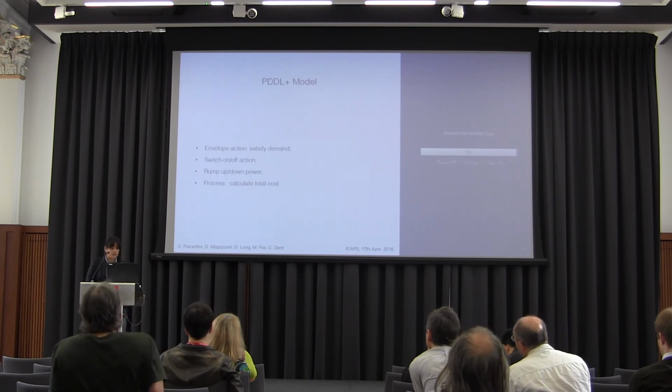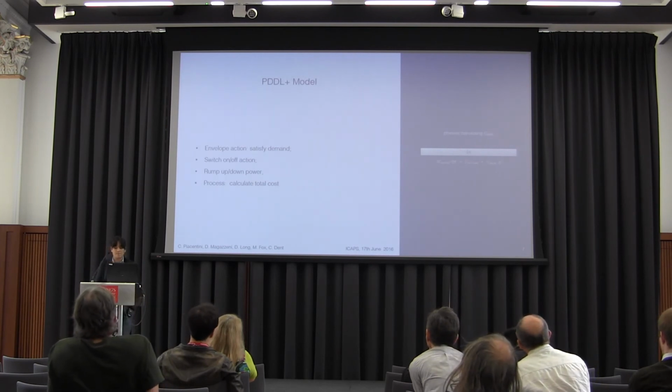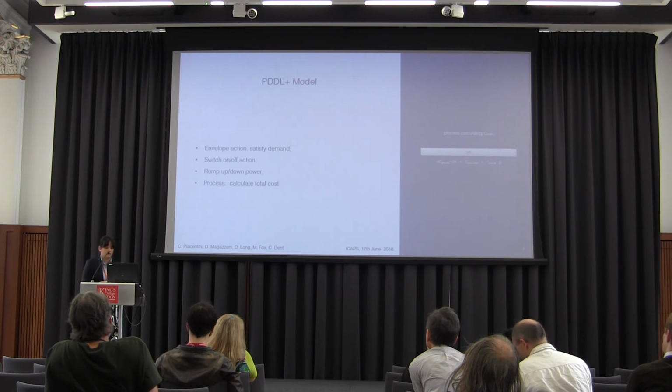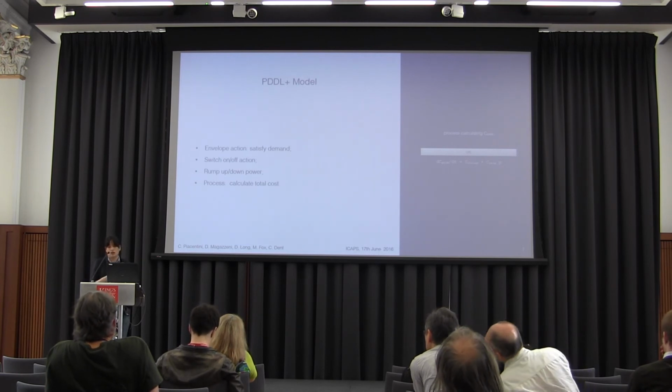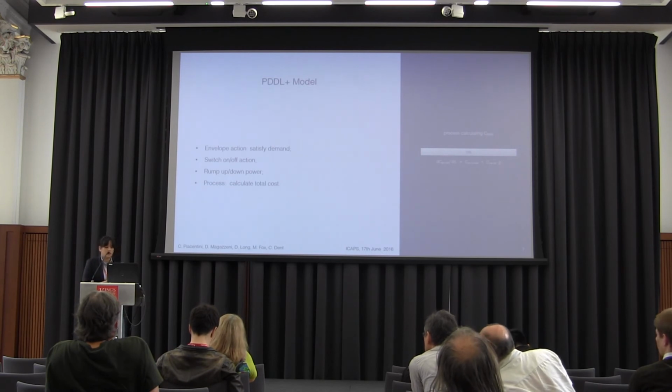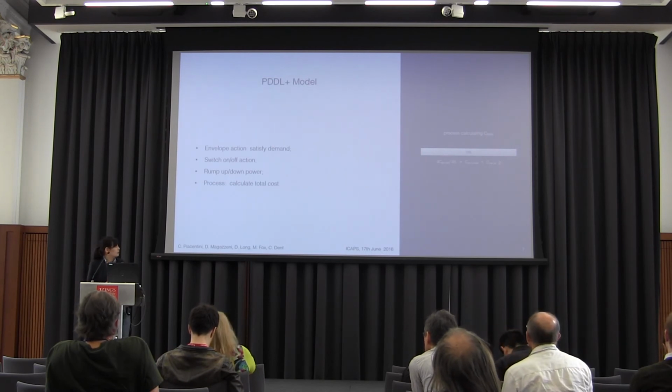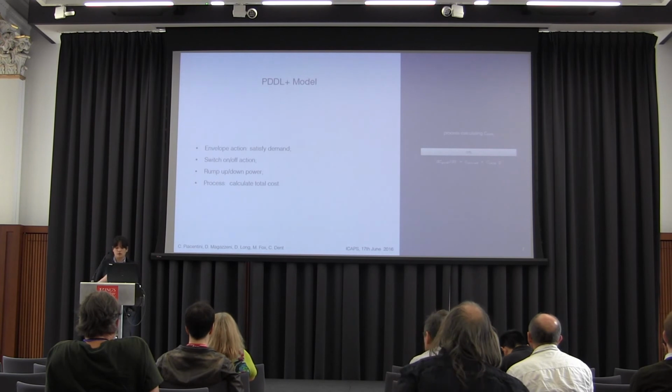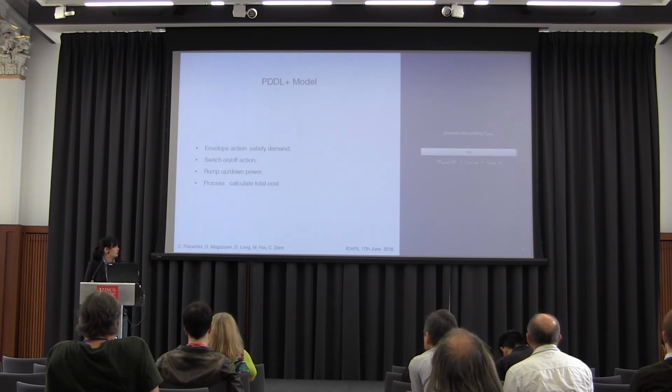Then we have a process that runs when the power unit is on, and this process calculates the total cost of producing power. And in this case, we consider linear cost.